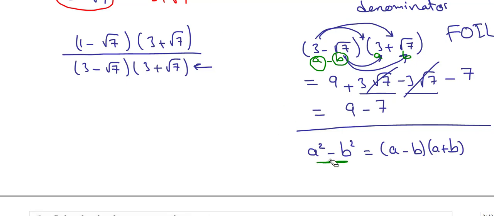So directly I can go to this question here. Pay attention, please. Because this is a difference of two squares, the two brackets here are the same bracket with opposite signs. So it's a difference of two squares. What to do? Very simple. Square 3, it's 9. Square root 7 squared is 7.